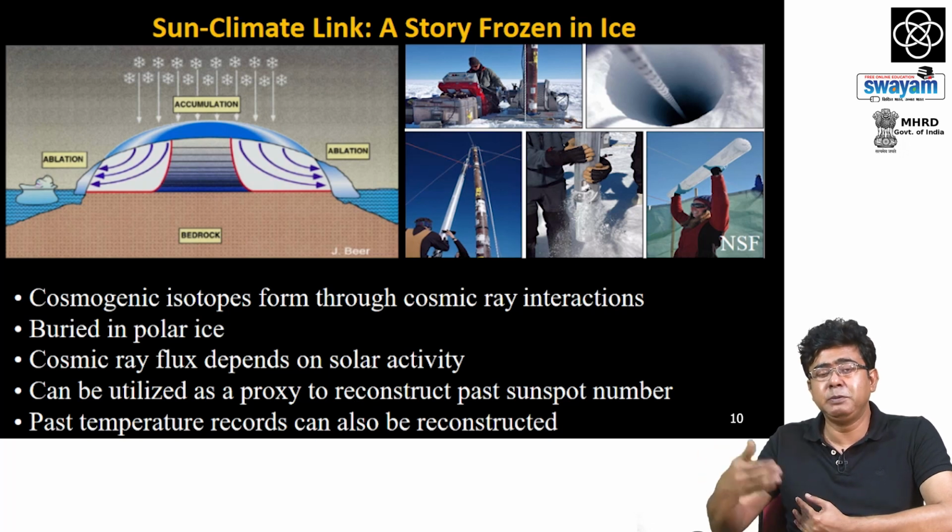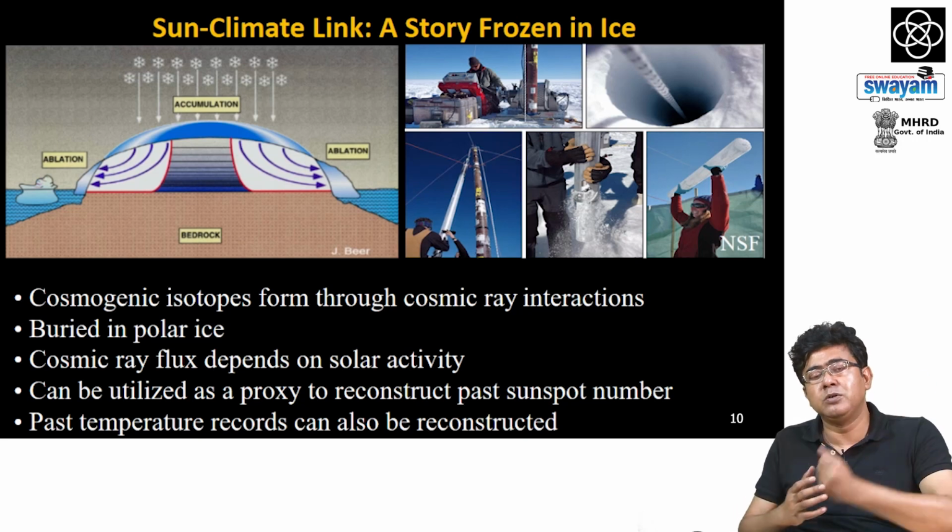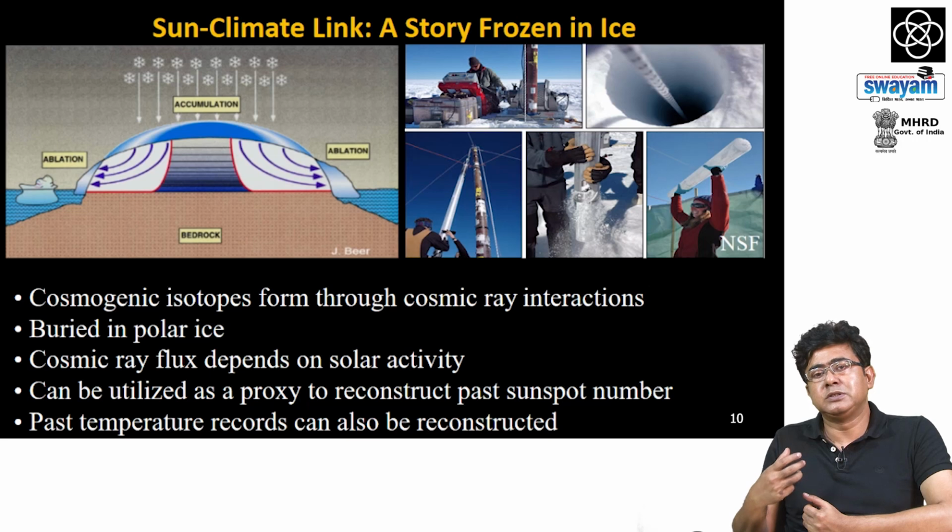If you dig deeper down in Antarctica or Greenland, you will sample further back in the past. If you take an ice core out, the deeper you go, the further in time you are sampling. You can use this ice core and chemical, spectroscopic analysis of it to figure out the ratios of various cosmogenic isotopes such as beryllium-10.